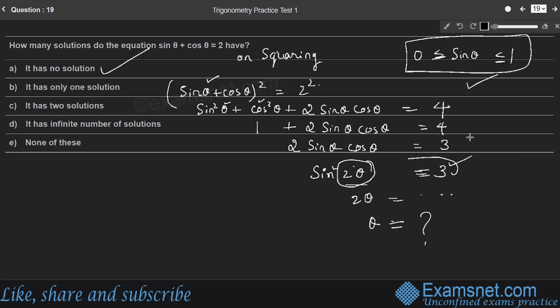According to the equation, sine 2 theta is 3, which is not possible. Therefore, the given equation has no solution. No solution means theta cannot have any value for the given equation. So option A is the right answer.